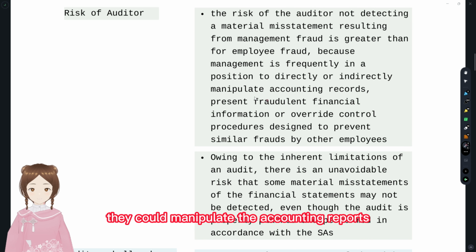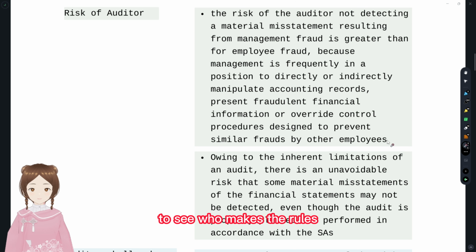They could manipulate the accounting records as a whole. An employee does not get so much scope to manipulate all the accounting records and present fraudulent financial information, or override control procedures designed to prevent similar frauds by other employees. You see, who makes the rules only breaks the rules.